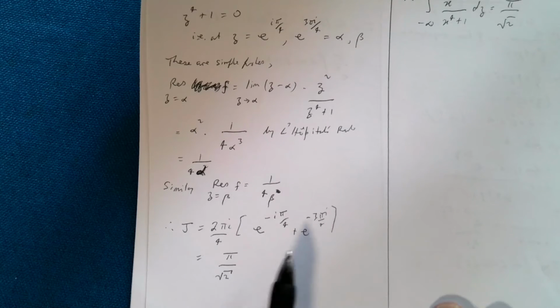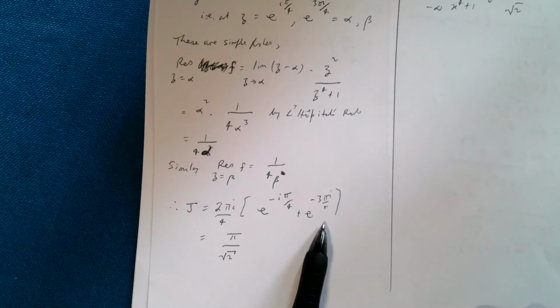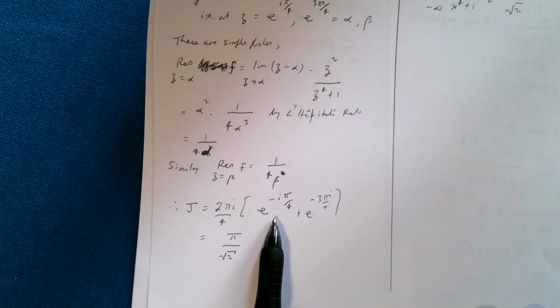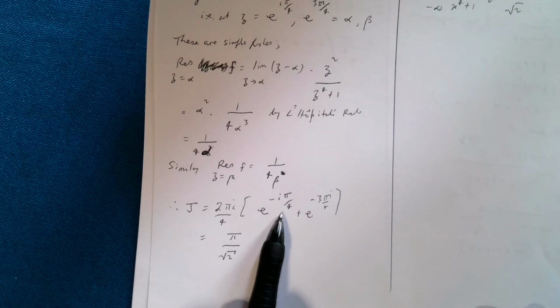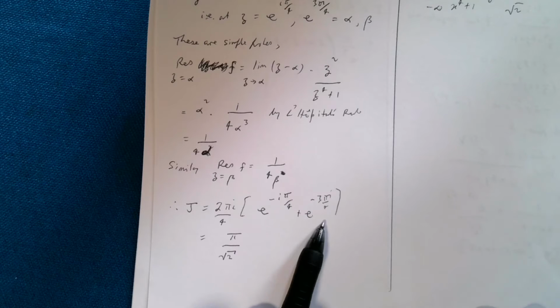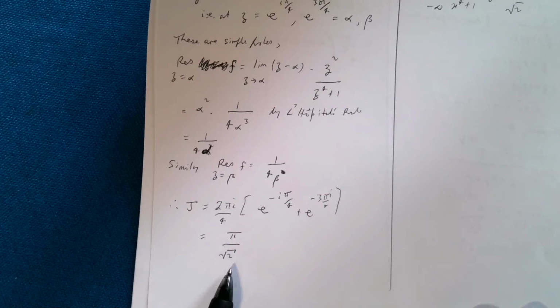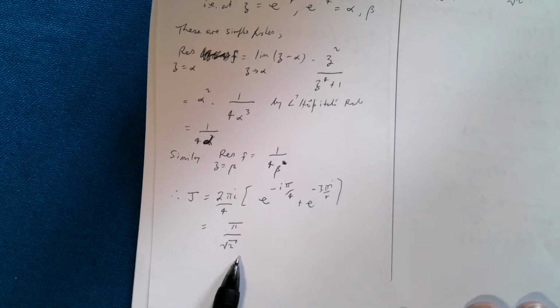You can expand these out and simplify, writing this as cos pi on 4 minus i sine pi on 4 and so on, and you just end up with pi on root 2. The i's cancel out.